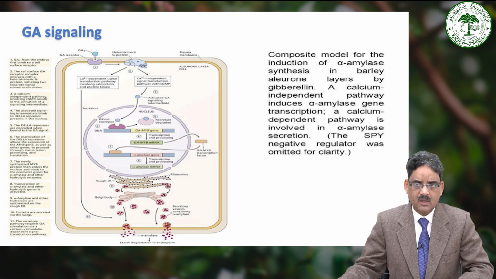Then, this alpha amylase and other hydrolases are synthesized on the rough endoplasmic reticulum and secreted via the Golgi apparatus. Finally, the secretory pathway is facilitated through GA stimulation involving a calcium calmodulin dependent signal transduction pathway.